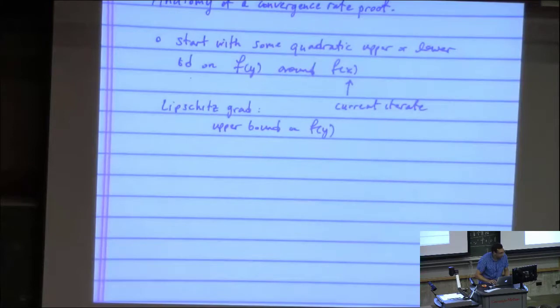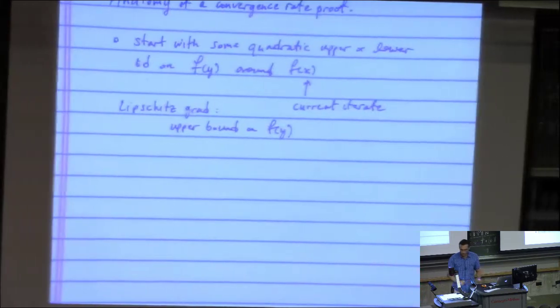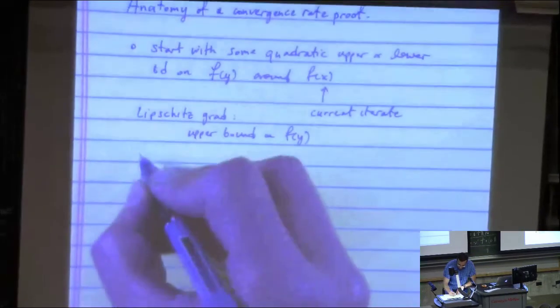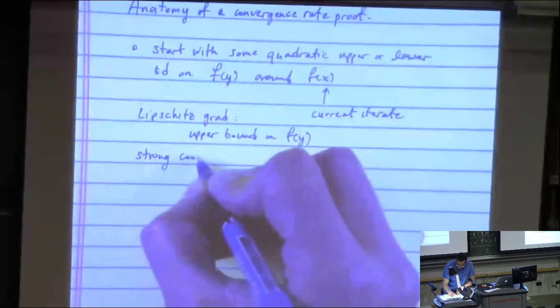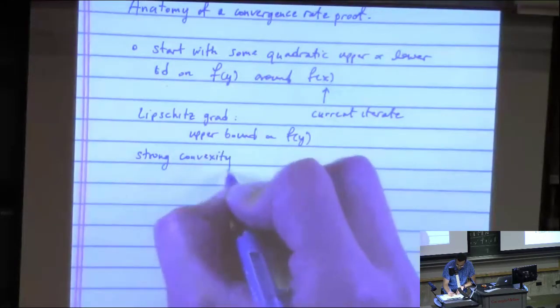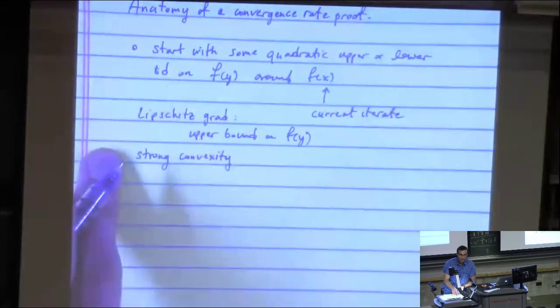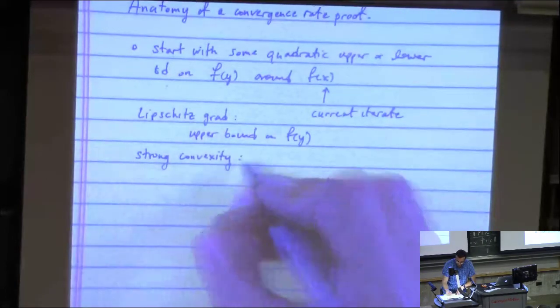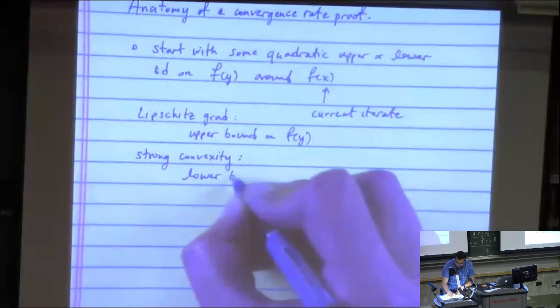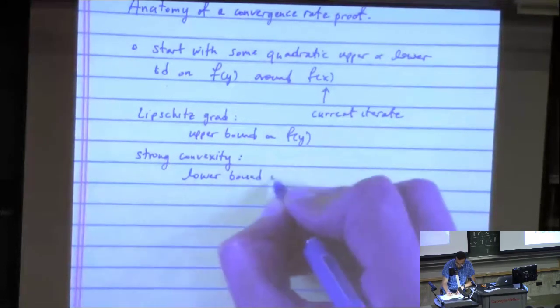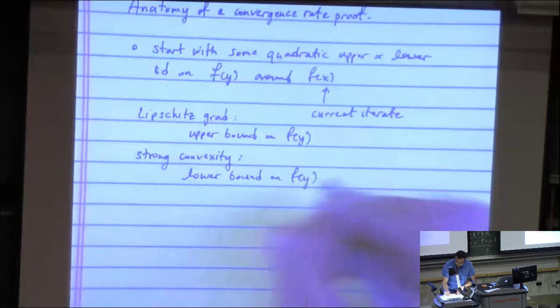That was the first step we saw in the gradient descent proof of the non-convex case, right? And if we have strong convexity, then it's a lower bound. Typically when we assume strong convexity, we also assume Lipschitz gradient plus strong convexity, so we get both the upper and lower bounds, but this gives us a lower bound on f of y. So that's usually the first step.